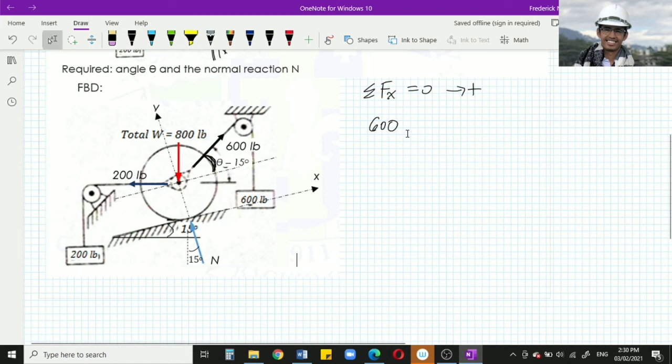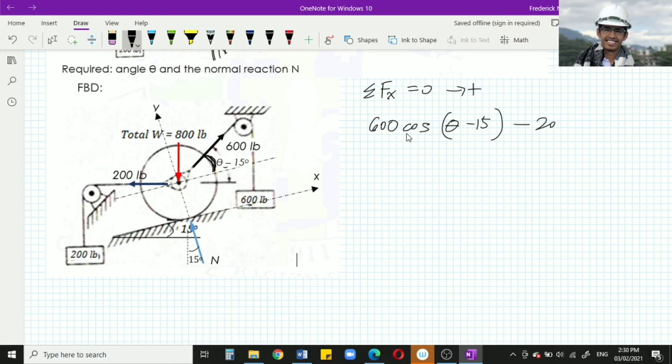So 600, ano yung gagamitin natin dito? Sine, cosine. So along x yung ating angle, and sabi natin kapag along x, so magiging cosine theta minus 15 degrees. Minus yung 200 pounds natin, that will be minus 200.